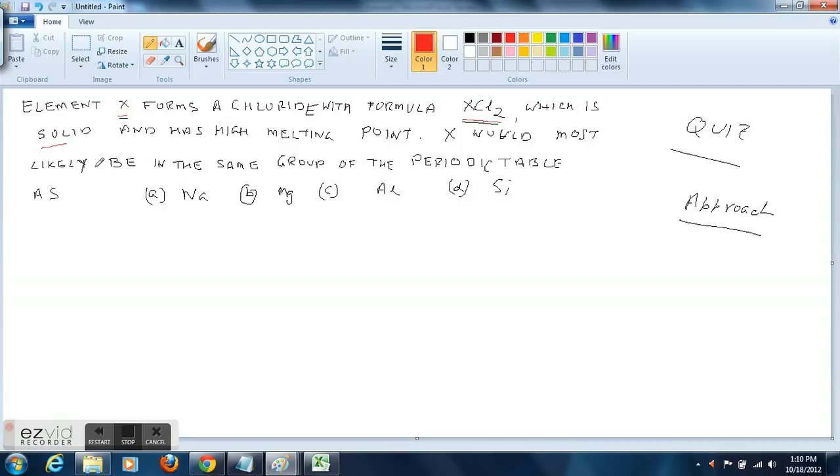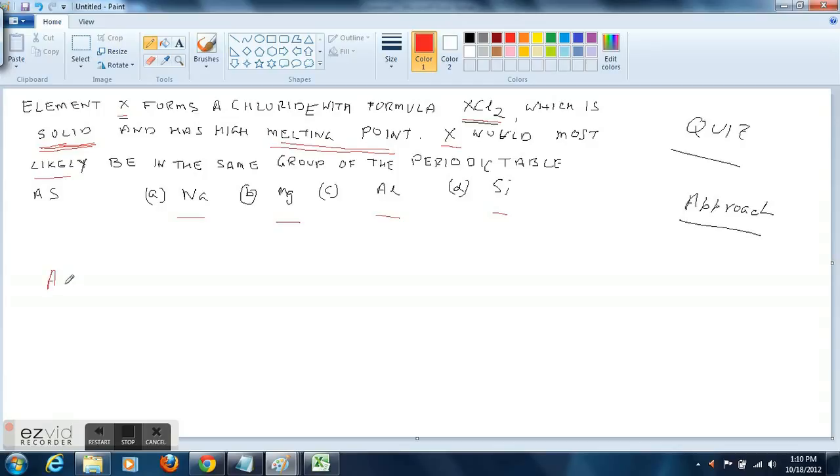If a chloride of an element is solid, that means it could be a metallic chloride and has a high melting point, because metallic chlorides are generally solids having high melting points. Now the question is, X would most likely be in the same group of the periodic table as, options are sodium, magnesium, aluminium and silicon.